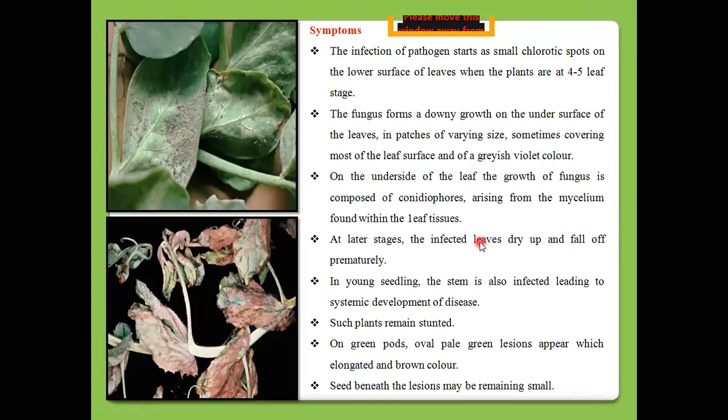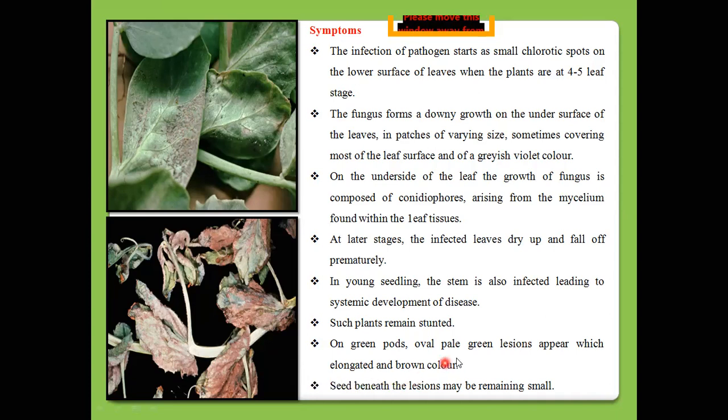Okay, in this case, suppose this whitish downy growth is seen on the younger seedlings. So this stem is also infected, leading to systemic infection on the growing plants. This infection is also seen at the time of the development of the pods.